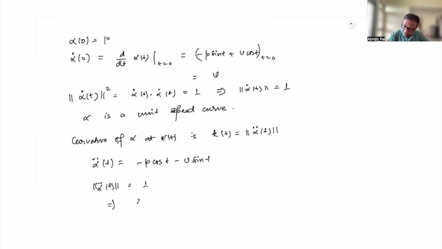So this implies that the curvature, which is the norm of alpha double dot(t), is equal to 1. Now observe that this alpha double dot(t) is normal to the surface.